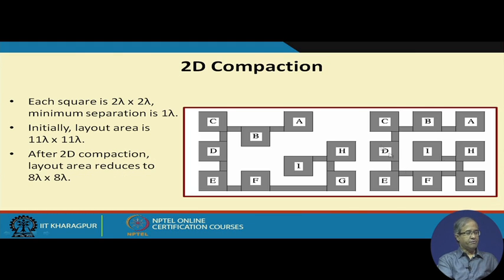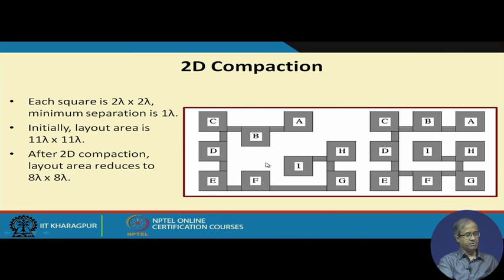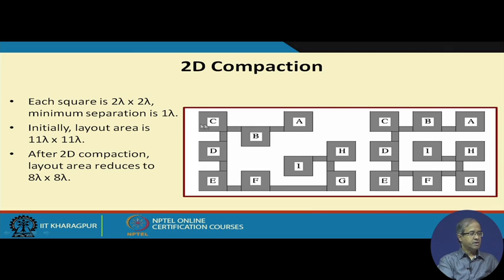But now, if you look at 2D compaction, see here we are taking an example which is quite similar, right, quite similar, IHG. Now, this was 11 by 11 again.